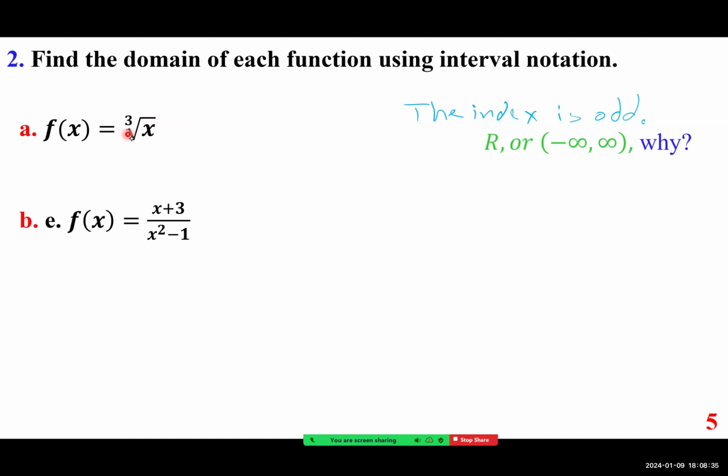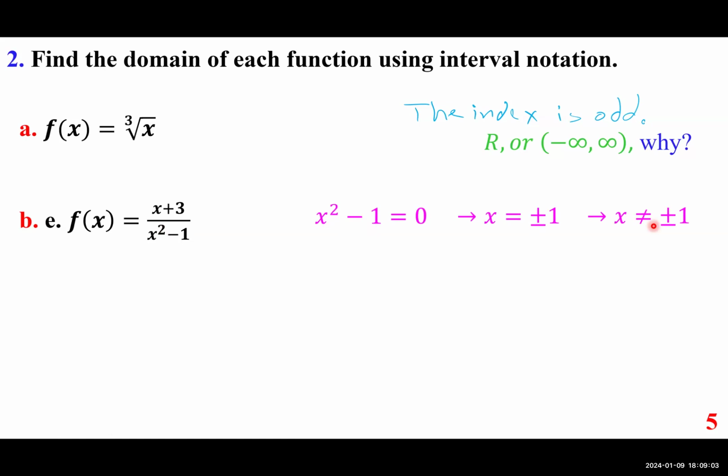Any rational function, for that matter any fractional format, you set the denominator equal to 0 and you exclude that. So x squared minus 1 is 0. That means x squared is 1 and x is plus or minus 1. So those two numbers are out. Everything else is fine. You could write it in this format, but a better format would be an interval format.